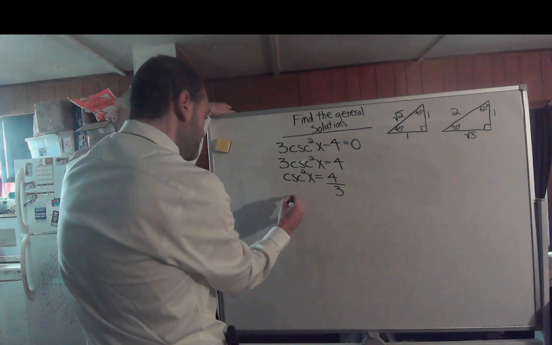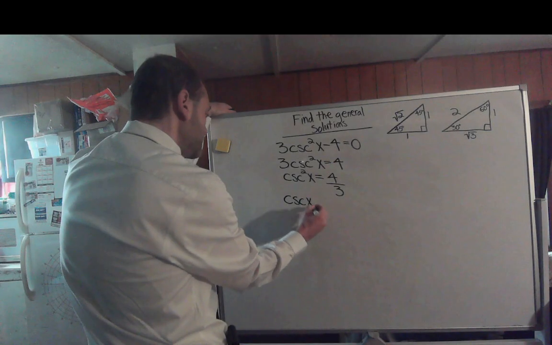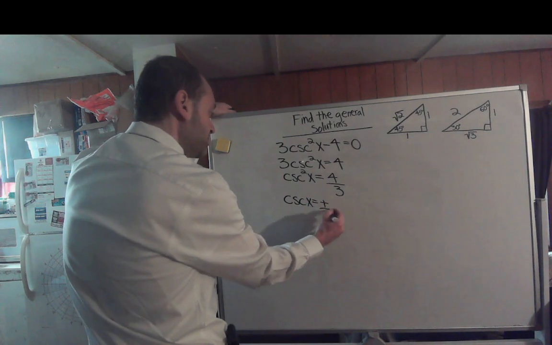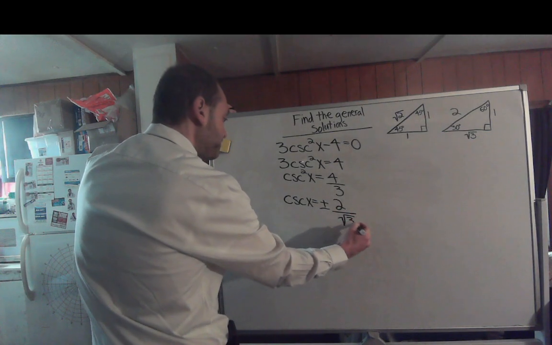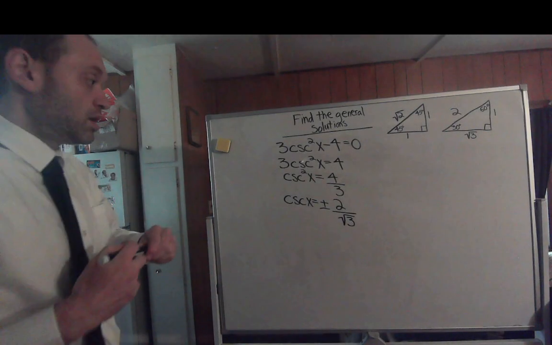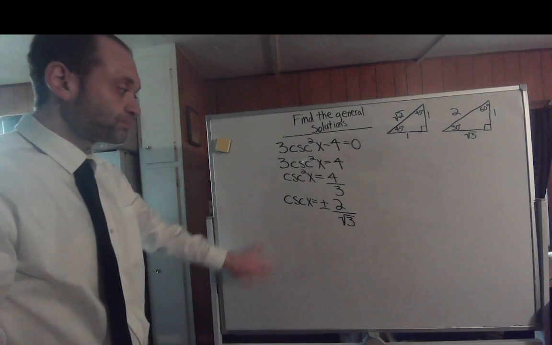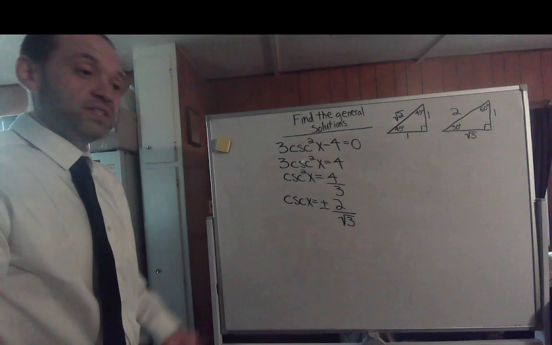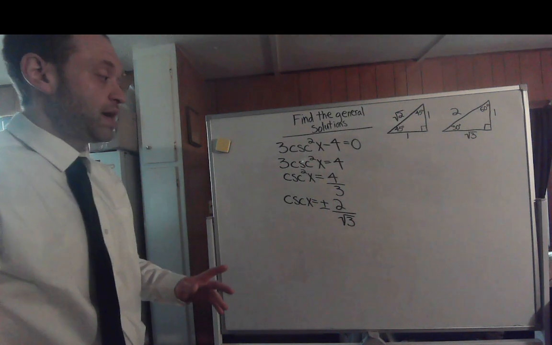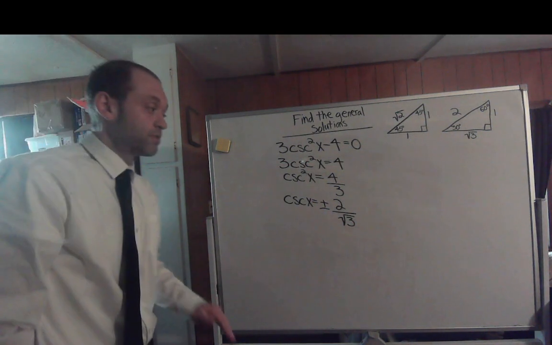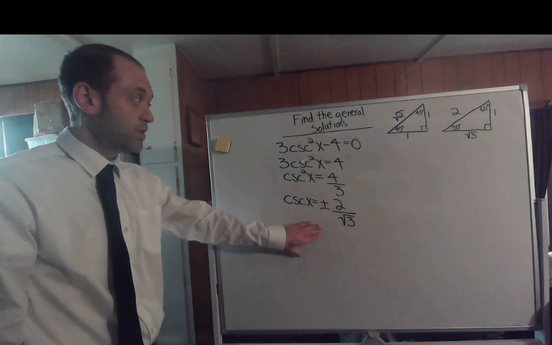This would end up being the cosecant of x equals both plus and minus 2 over the square root of 3. Alright, so this is anywhere in the interval from 0 to 2 pi where you have a cosecant of 2 over the square root of 3, whether it's positive or negative.